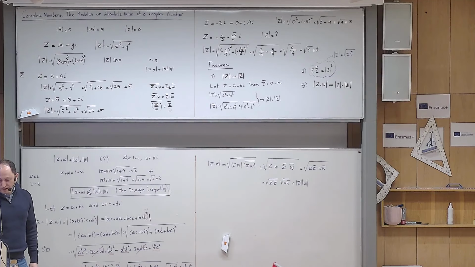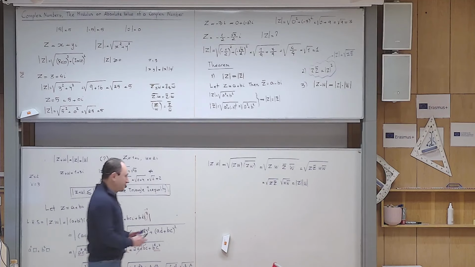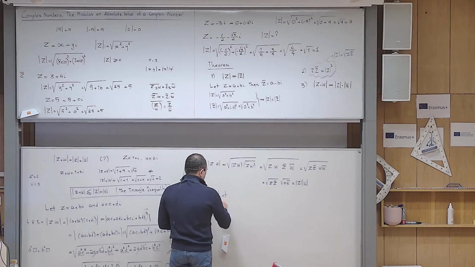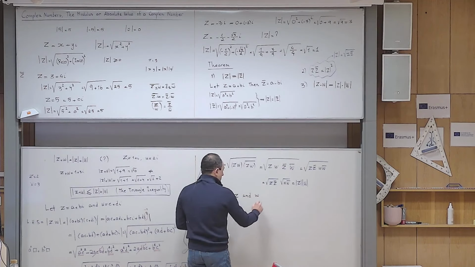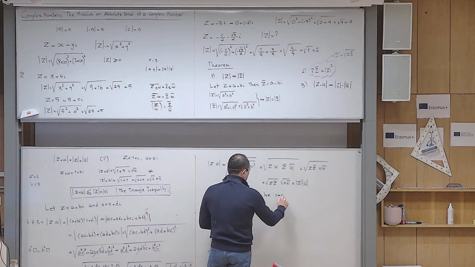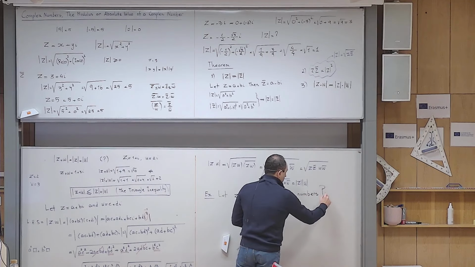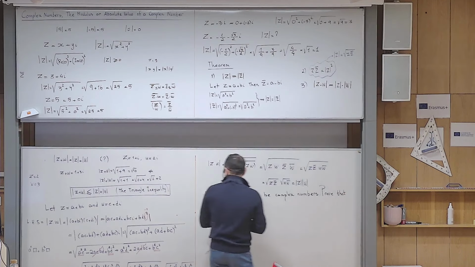Okay. So let me give you an exercise. If you understood this, let me write this. This is, I would say, a hard question. Let z and w be complex numbers. Prove that, so this I want you to prove, okay?